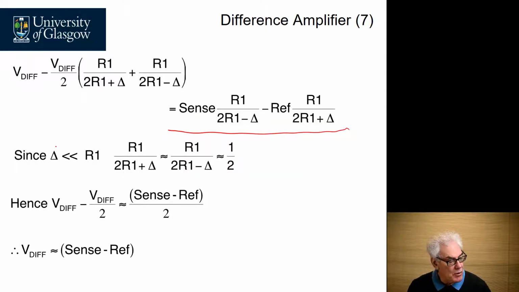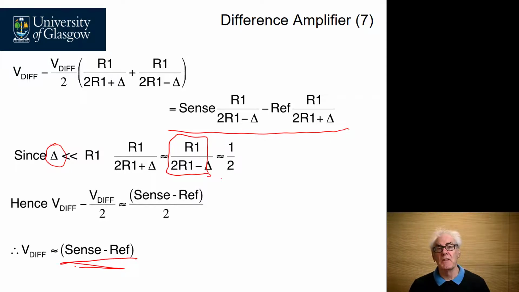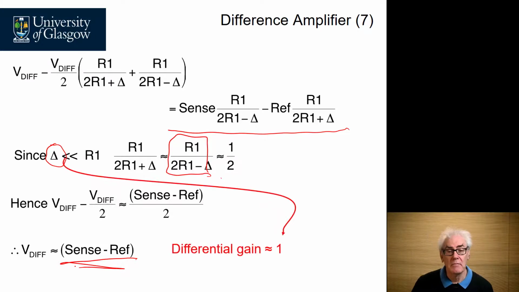Because the delta, which is the tolerance or error in the resistors, is much, much smaller than R1, and for 1% resistors delta would be approximately 2%, we can approximate that this expression is approximately 1 over 2. So our difference signal is equal to sense minus ref. In other words, the differential gain is times 1.